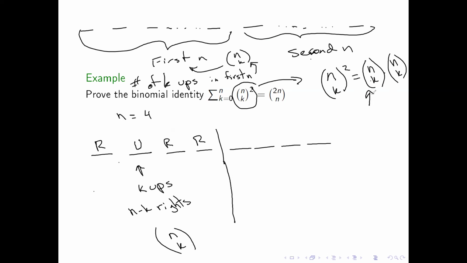And we just said that this first N choose K is the number of ups in the first N moves. Are you okay with that? Yeah. What then is the other N choose K?